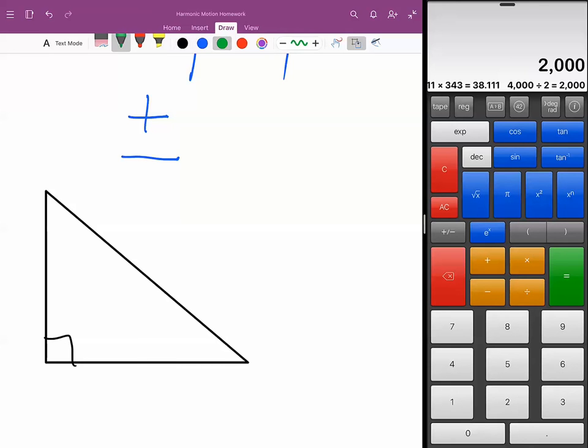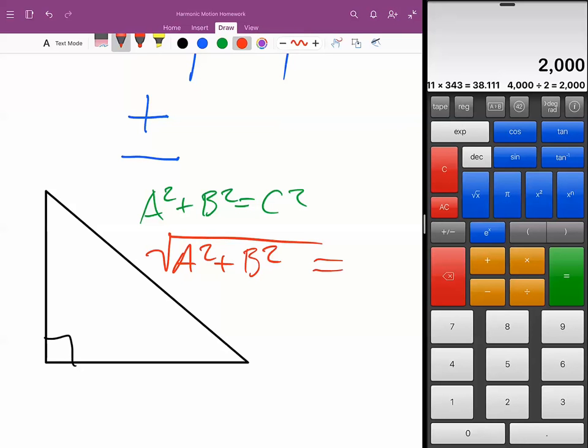You were taught a squared plus b squared equals c squared. I've taught it pretty much as the square root of a squared plus b squared equals c. It's the same thing, but you skip one step by completing both of them underneath the square root.